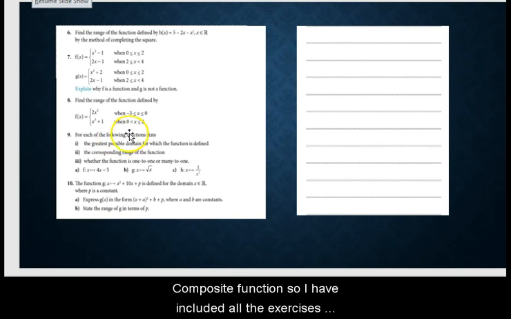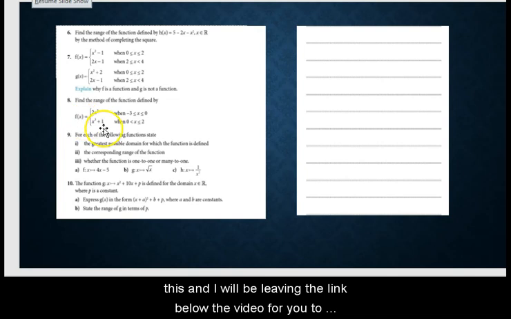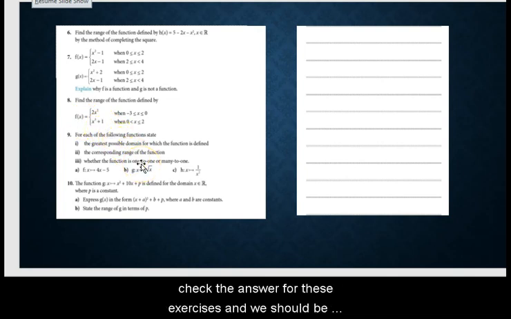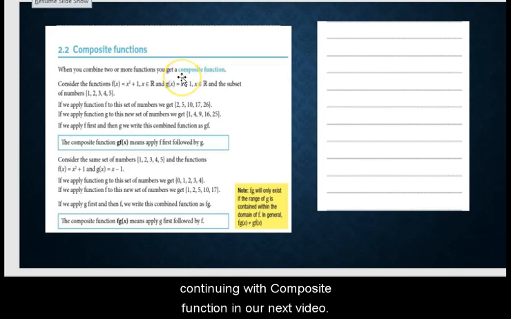I have included all the exercises required for this particular topic in this stage as required by Cambridge specification. So you can go through this, and I will be leaving the link below the video for you to check the answer for these exercises, and we should be continuing with composite function in our next video.